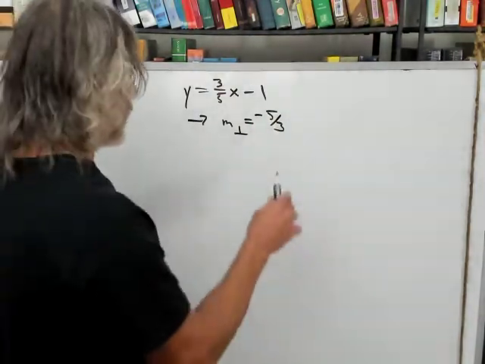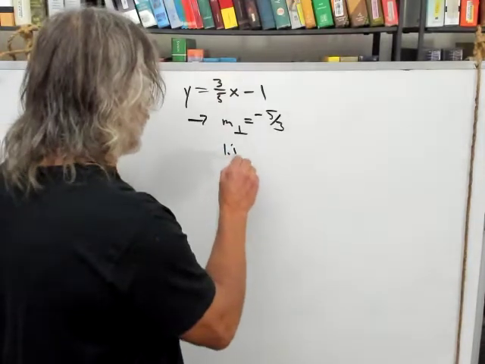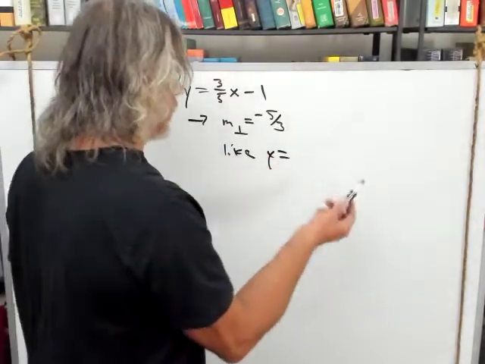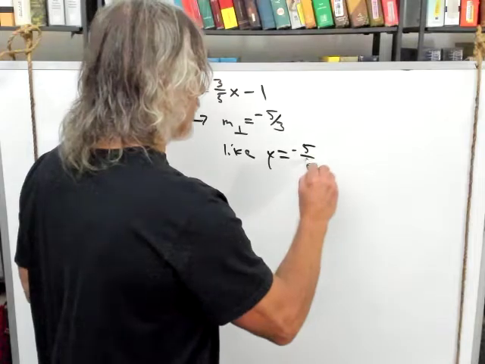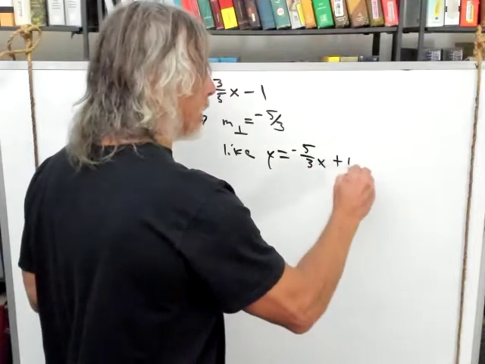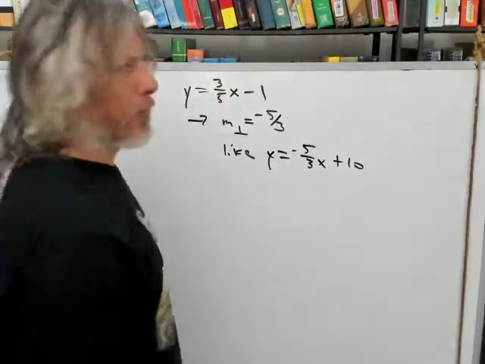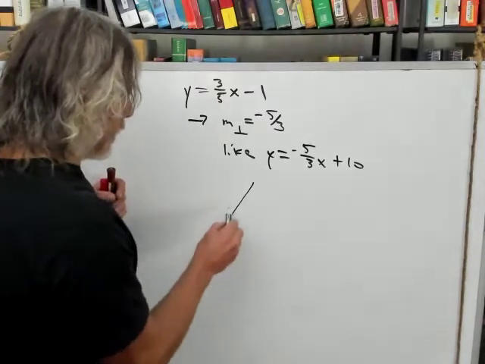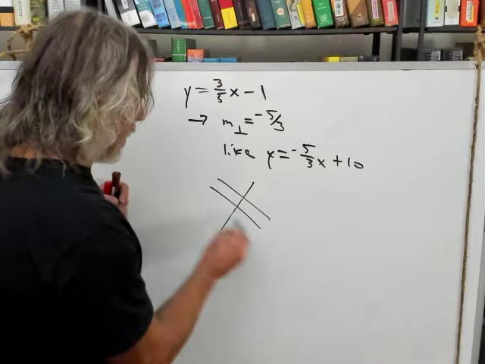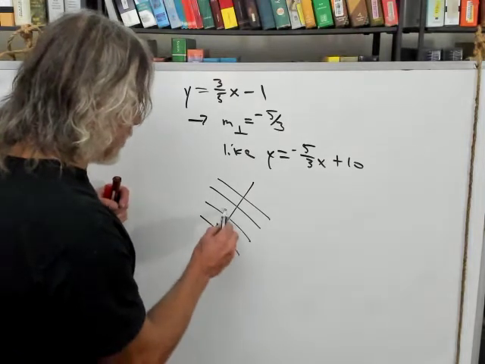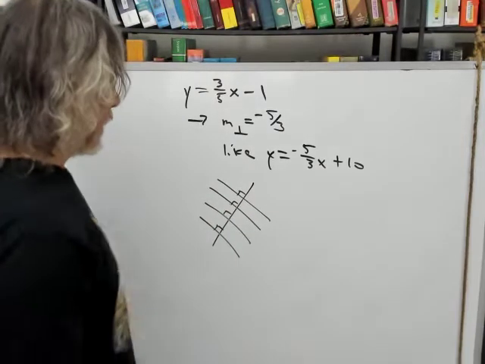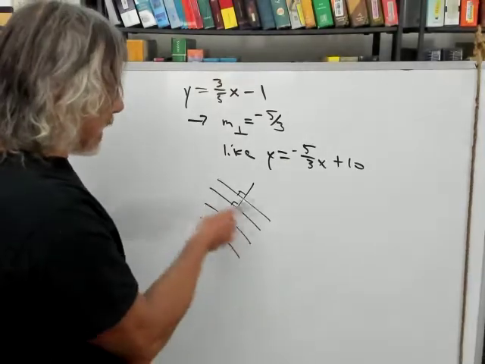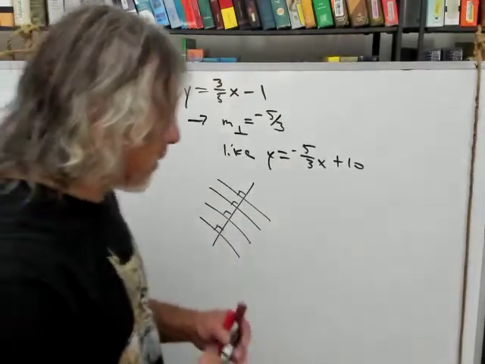So for example, like y equals negative 5/3 x plus 10, this doesn't matter as long as it's perpendicular. We just need the direction right. Like if we have a line here, then we can get anything perpendicular to it. There's a lot of things. As long as the direction is right, that's what matters.